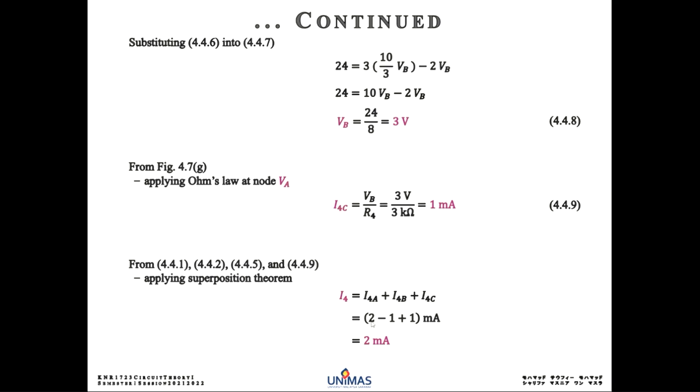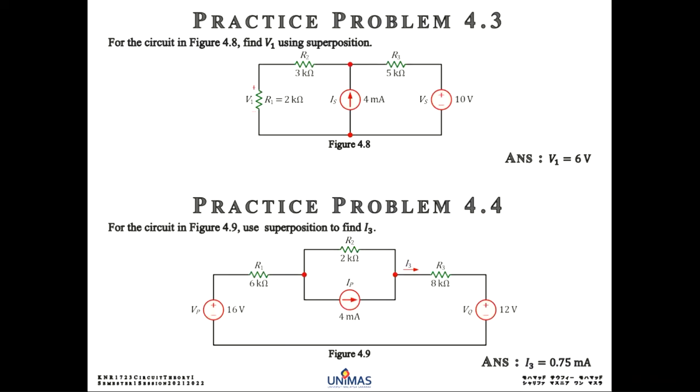So I4A is 2, I4B is negative, minus 1, and C is positive. So 2 minus 1, 1 plus 1, 2. Okay. So that basically covers the superposition that you need to know.